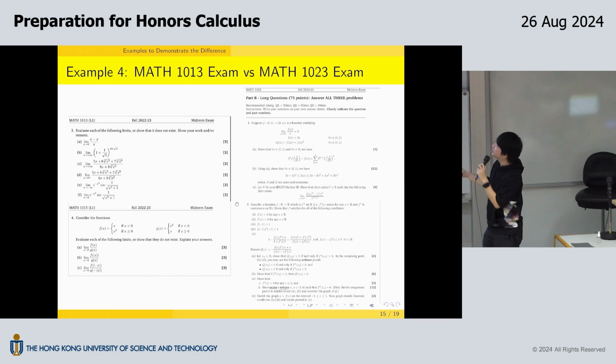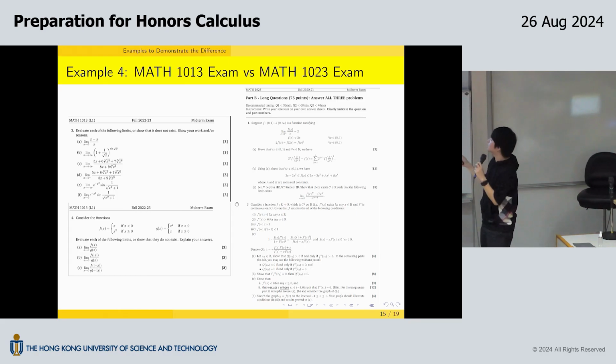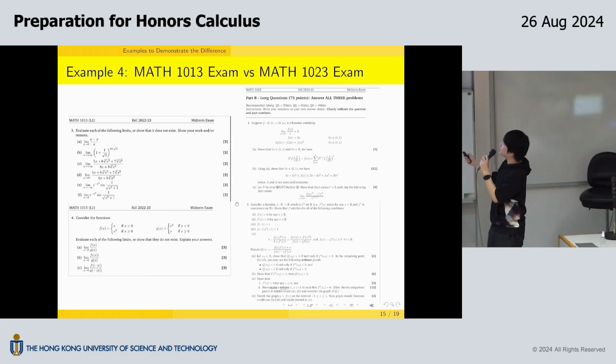Unlike the normal calculus exam, where the functions are explicitly given, in the honor calculus exam, the function you are considering are not explicitly given. Instead, you are given some conditions that these type of function satisfied, and you are asked to use these conditions to derive some conclusions. So the problems are purely logical.